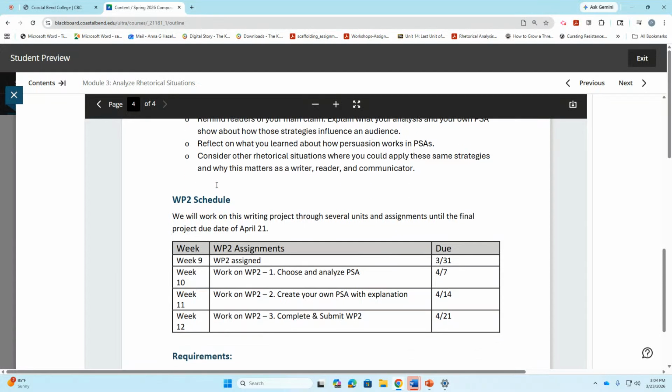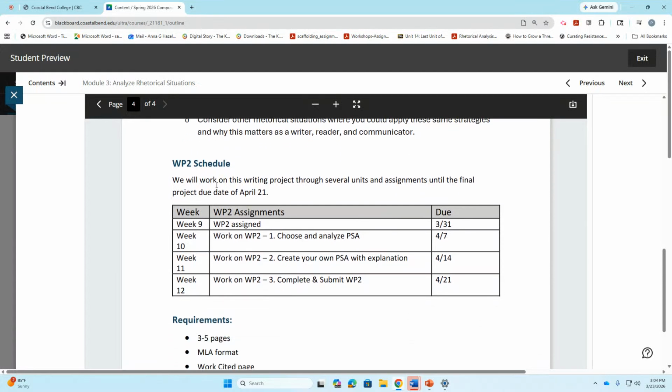So that should give you a little bit more of a roadmap of what this paper will be like. And then, of course, the schedule, as you can see, we will be focusing in on a particular part of the writing project in the upcoming weeks. We're going to focus first on the analysis of the PSA, and then in week 11, we'll look at the part where you create it and write about it.